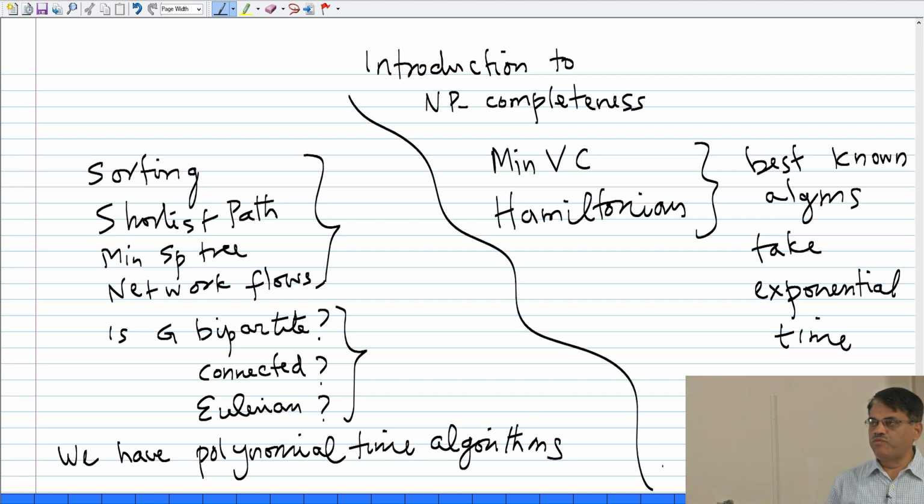What we will look at today is more examples of these problems for which we have only exponential time algorithms, and we will see some relations between them. Some connections between them is what is captured by this underlying notion of NP completeness.